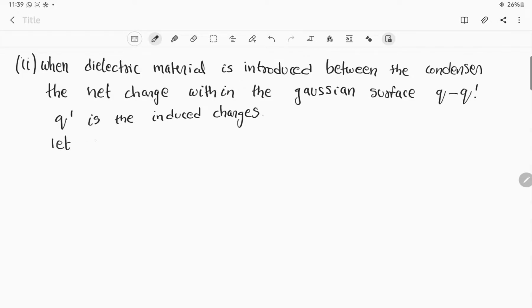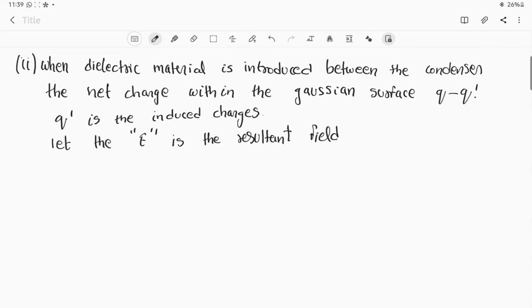Now I'm going to the next part. For everything we calculate the electric field, right? Let E be the resultant field with the dielectric.